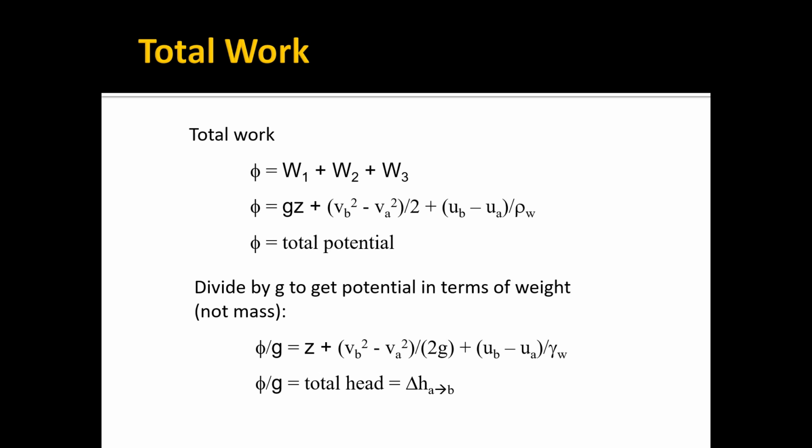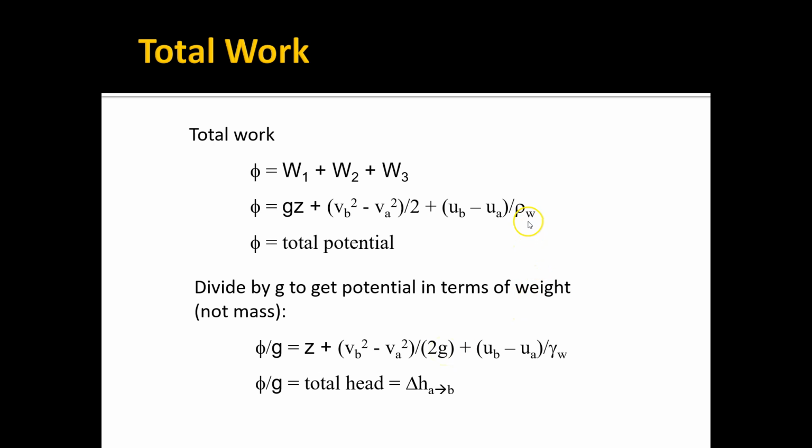Now, to simplify this equation further, we are going to divide everything by gravity, to get the potential in terms of weight rather than mass. So we divide the left side by g and the right side, so g times Z divided by g simplifies to Z. VB squared minus VA squared over 2, we end up with a g in the denominator.